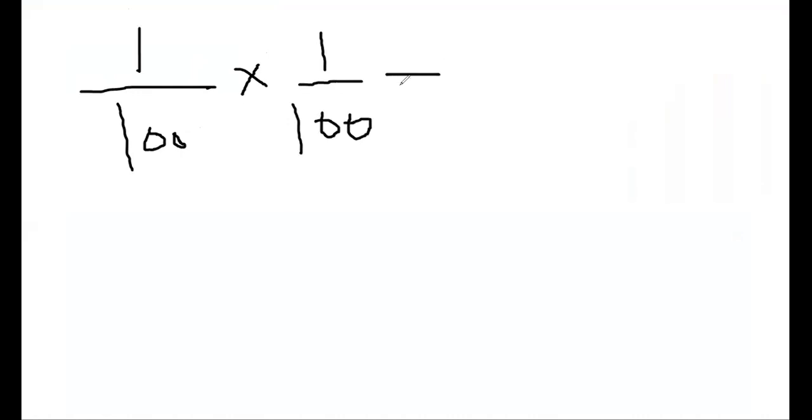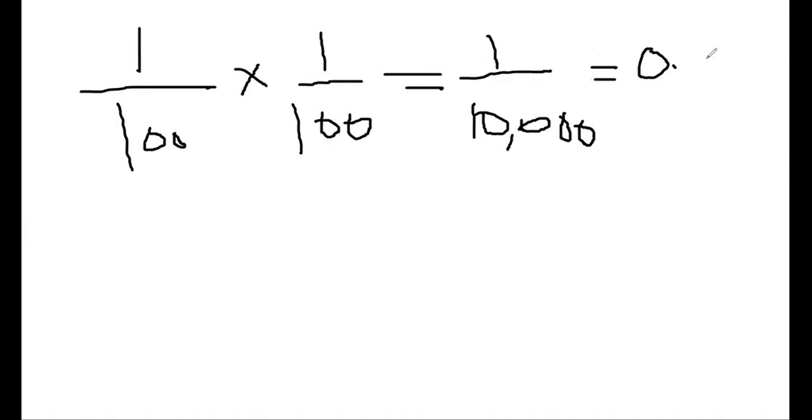One times 1 is what? 1. 100 times 100 is what? 10,000. One divided by 10,000 is what? 0.0001.